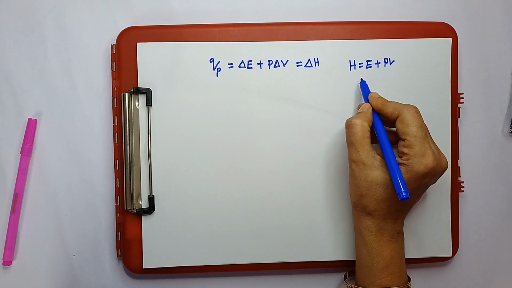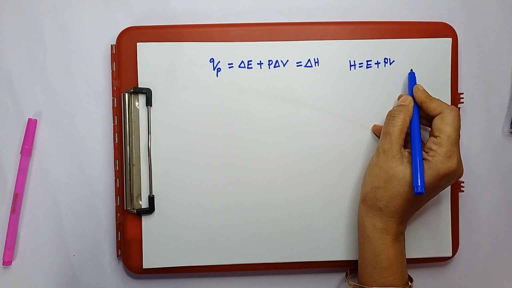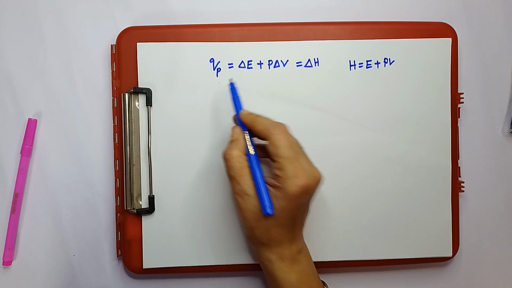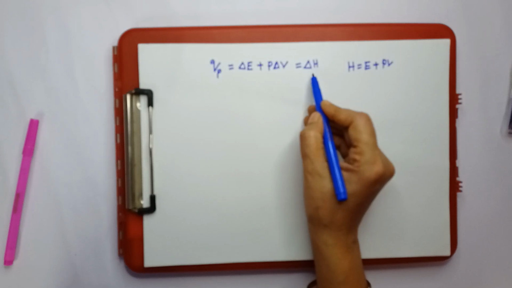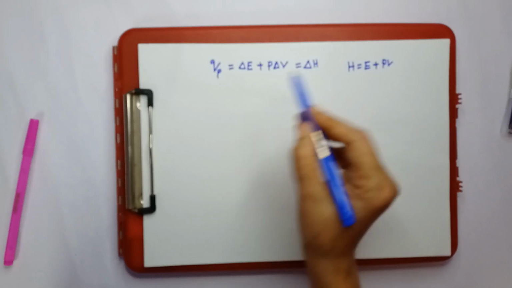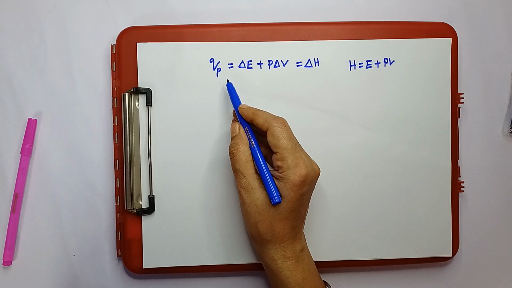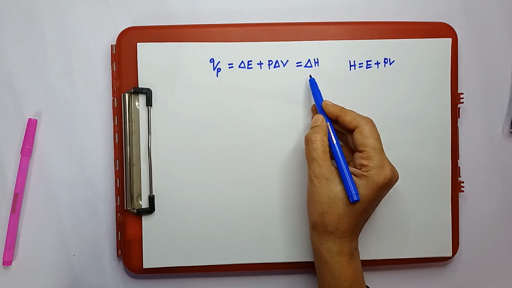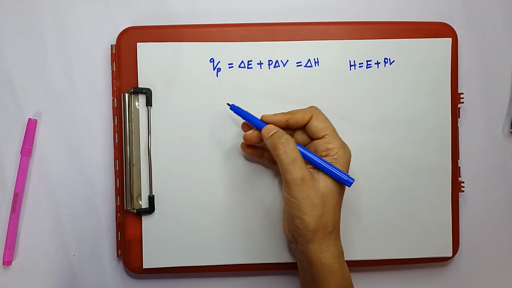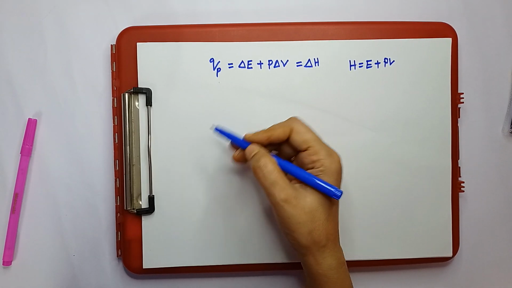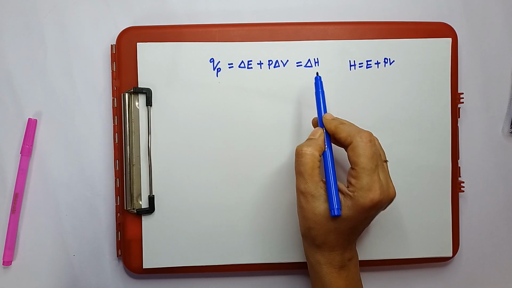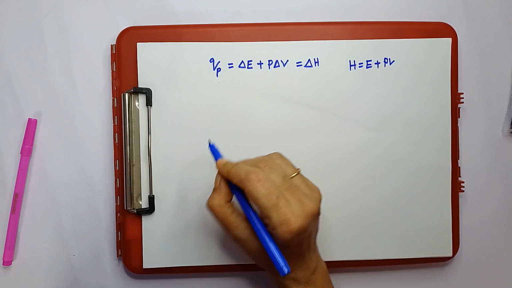That means it's the total energy content of the system. So heat absorbed at constant pressure goes to increase the enthalpy of the system. That means change in enthalpy is nothing but the heat absorbed or heat released. So change in enthalpy is equal to the heat absorbed when you are giving heat to the system, or when heat is released from the system, then change in enthalpy will be equal to the amount of heat released.